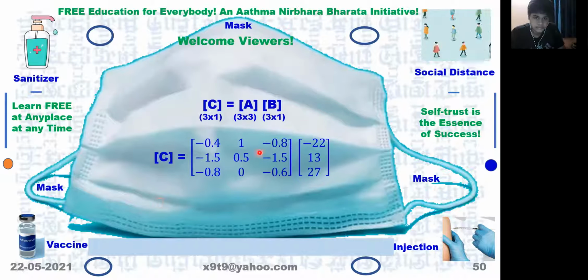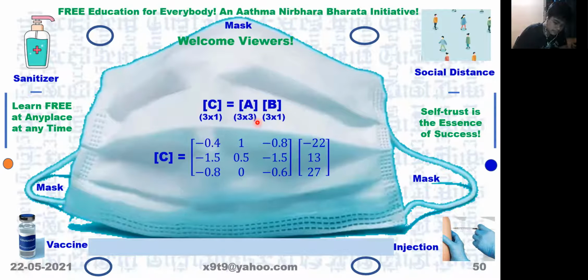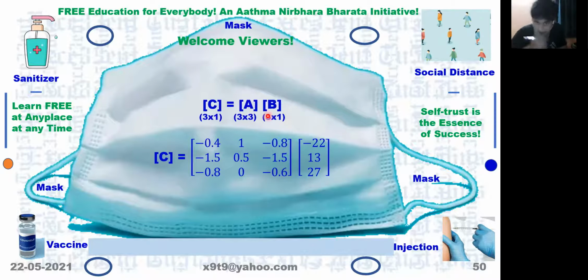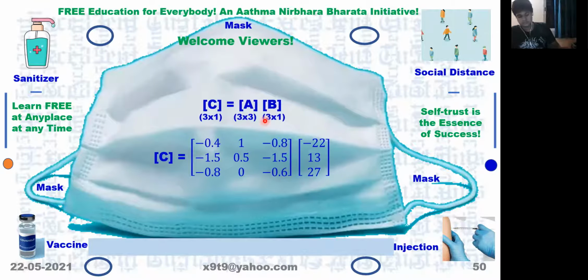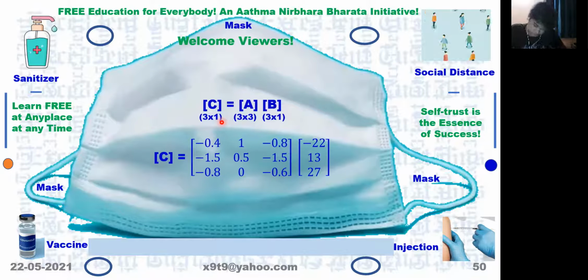So you see here, we should encircle the 3 and 3. These two are the same, means then only you can multiply. If these two numbers are different, we cannot multiply. Then leaving these numbers, the extreme ones, 3 by 1, that gives the size of the C. Are you able to follow?